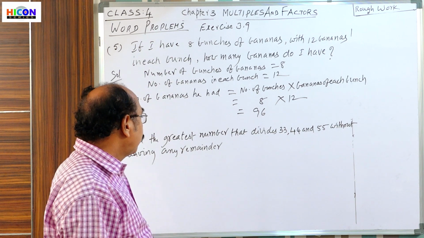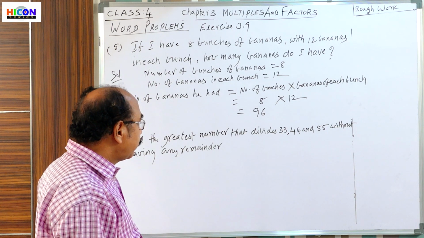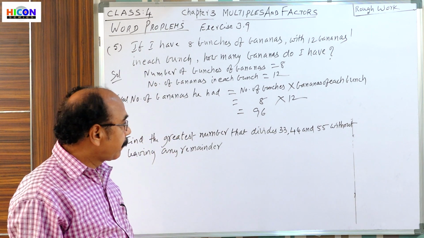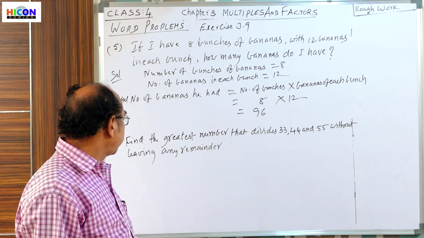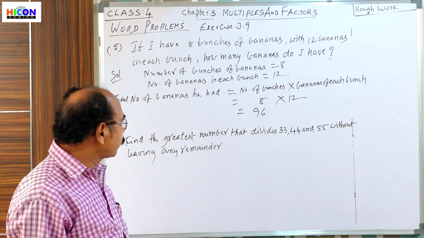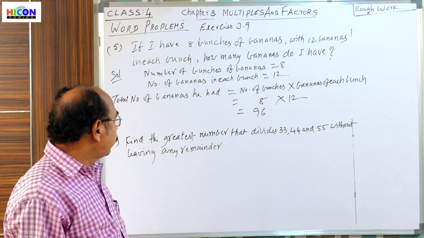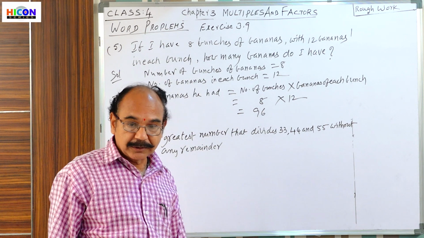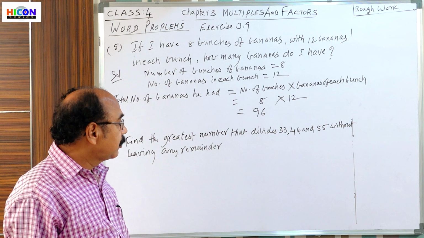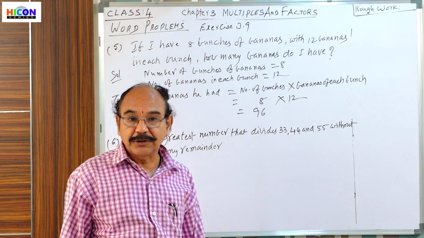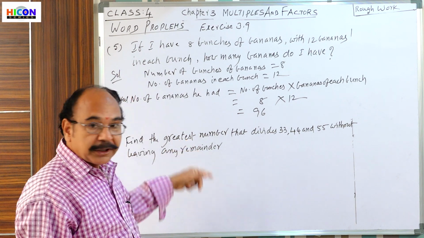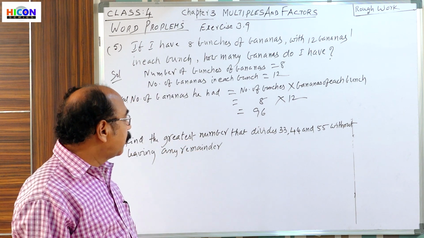Now, the sixth one, see. Find the greatest number that divides 33, 44 and 55 without leaving any remainder. That means find the greatest number that divides. So you have to find the HCF here, highest common divisor, because in the question it is the greatest number.